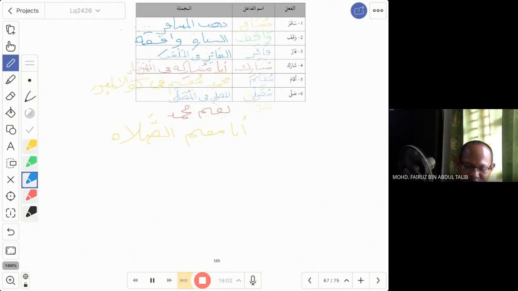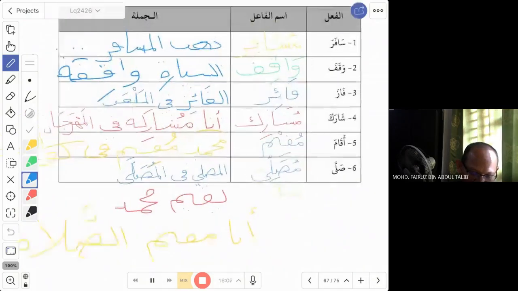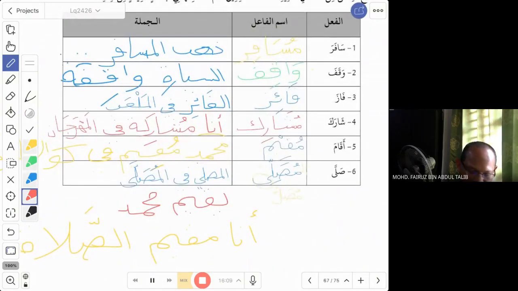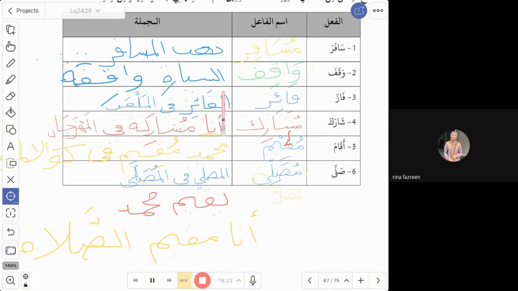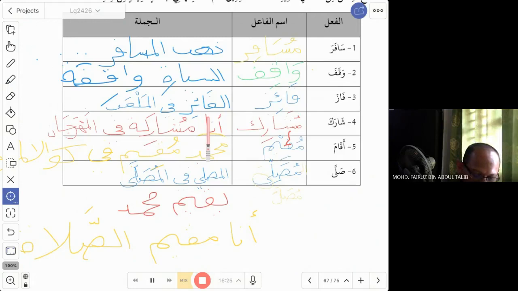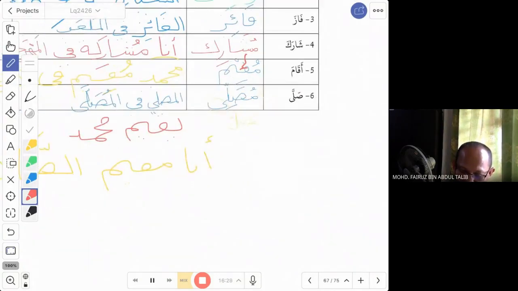Jadi contohnya macam when you say faiz just now. Okay, we look at this word faiz. What is the meaning of faiz? It can mean, it depends on your sentence. In this sentence, how do we translate this faiz? Is it the meaning of the verb or the person? Person. This is the person. But in other sentence, for example, if you want to say, I win this competition.